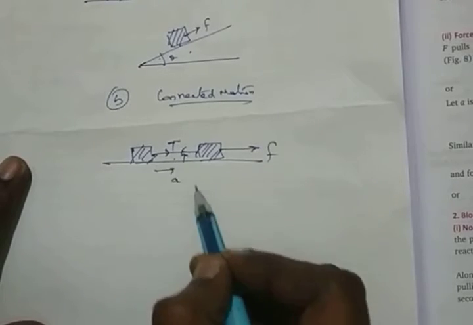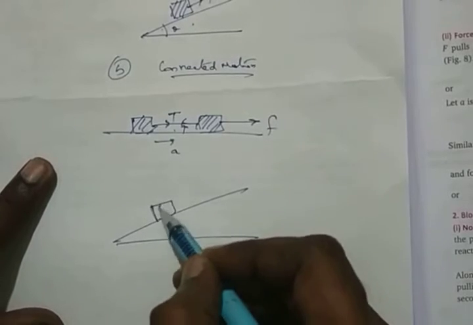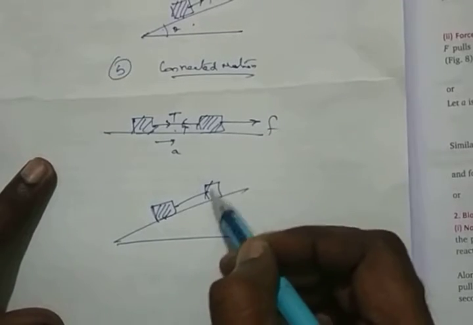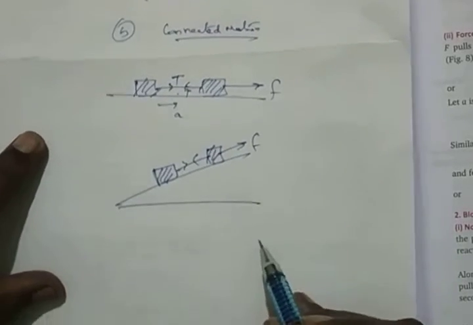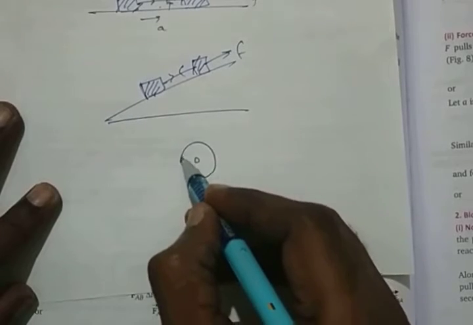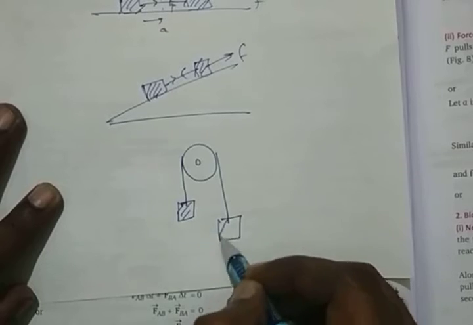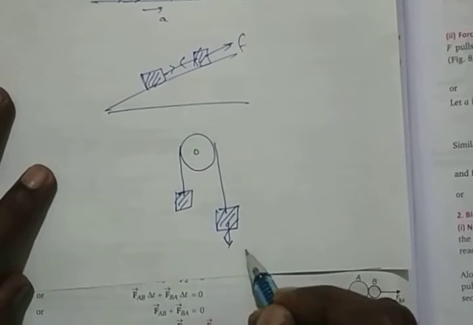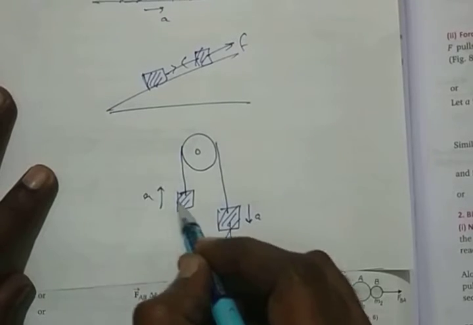So the entire body goes in acceleration. Similarly, connected motion takes place when you have a two body system, and as well there is a rope which is inclined. How does it happen? Then we also saw the connected motion in a pulley system. One body is hanging here, another body is hanging here. What happens? This is going down with an acceleration a, and this is going up with an acceleration a.